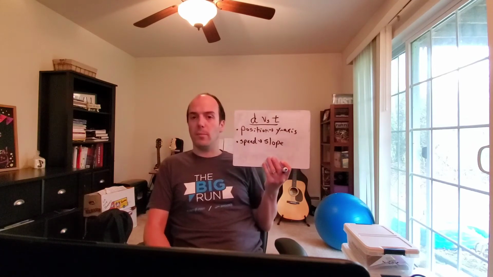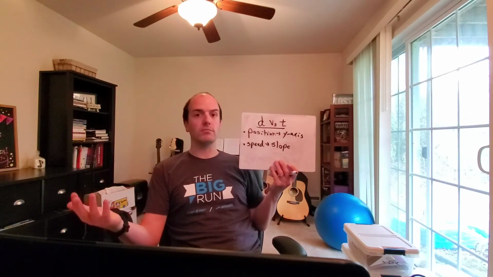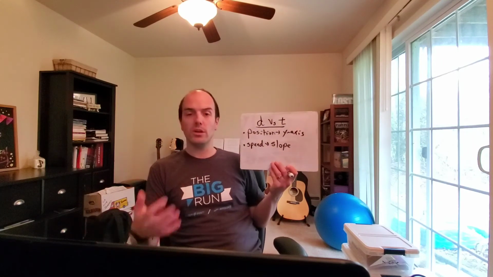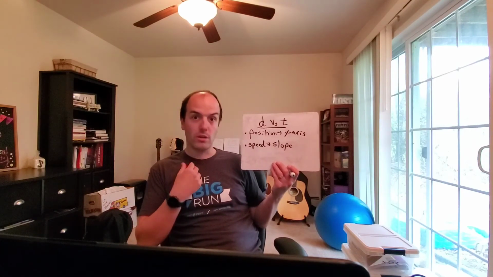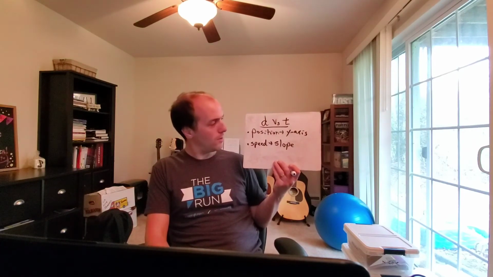If you want to know the speed, just like I said before, you measure the slope. Okay, is it a positive slope? Great. It's moving maybe away from the origin. If it's a negative slope, it's moving toward the origin, right? That's kind of how it goes. And the value of that slope tells you how fast it's actually going. Okay, so those are the basic things that you'll find there. For an accelerating graph, because you have that curve, it's a little bit harder to calculate. So you'll need more information, and you'll have to end up using some other equations.